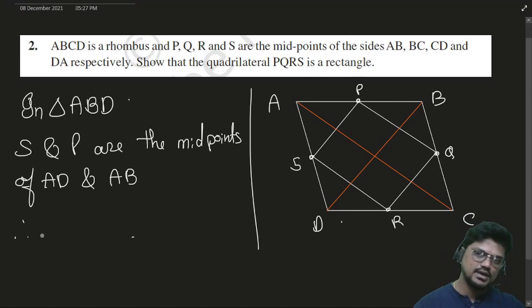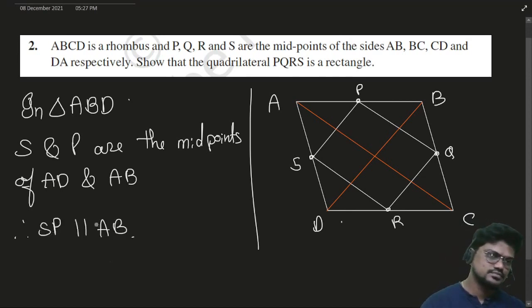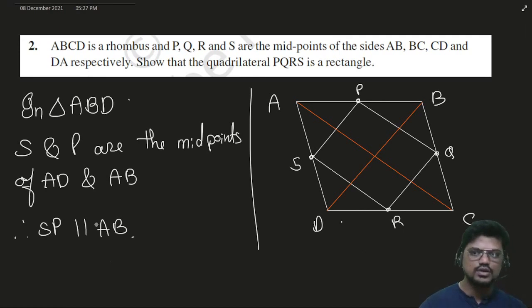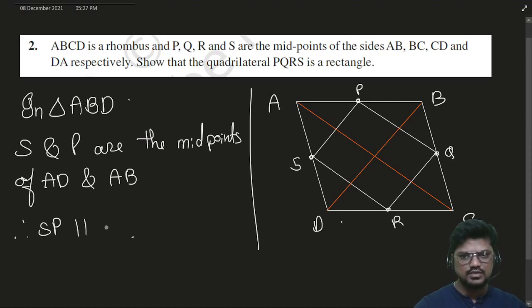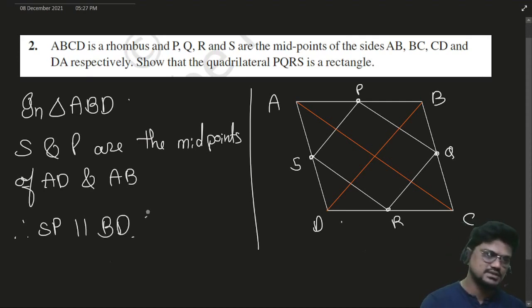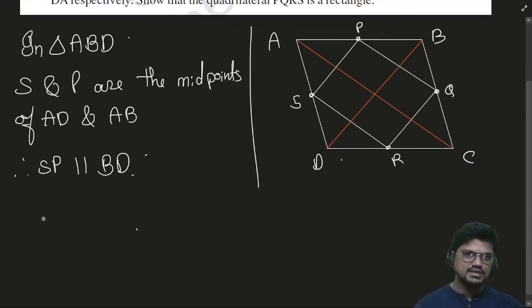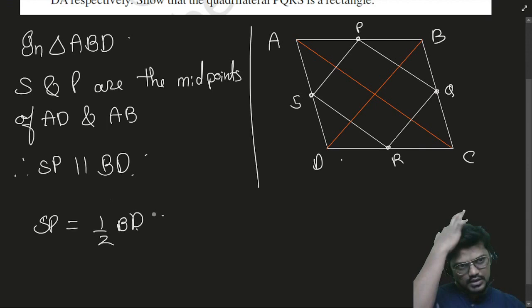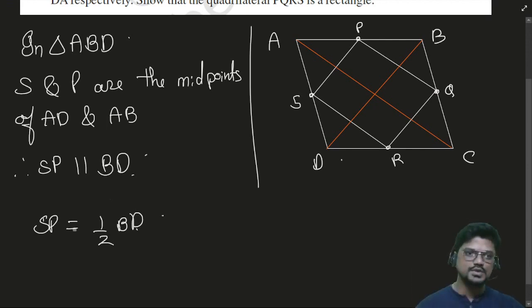Therefore, can I say SP is parallel to BD? Sorry, BD, not AB. So SP is parallel to BD. Also, by the midpoint theorem, SP will be half of BD. So this is done. Let's keep it as 1, and this as 2.